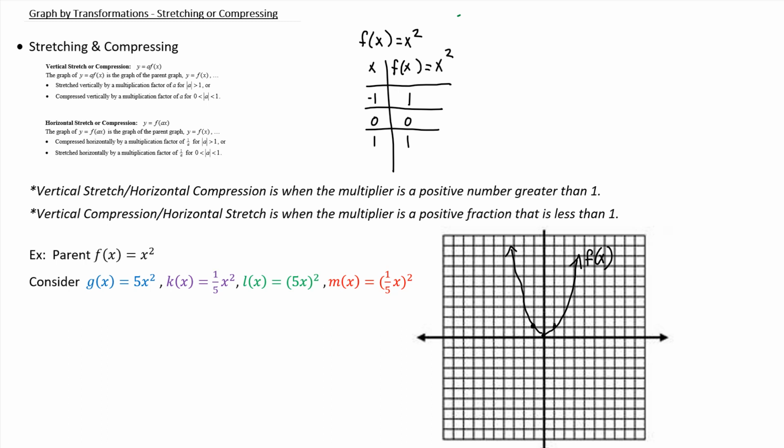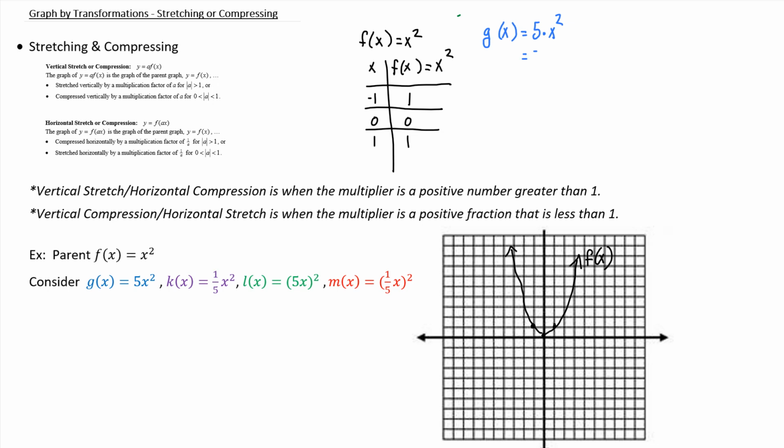Now I need to worry about the type of transformations I have. Let's look at our first function, g of x, which is 5 times x squared. I'm going to break that up so you can see that there's a multiplier, so I know I'm dealing with stretching or compression.